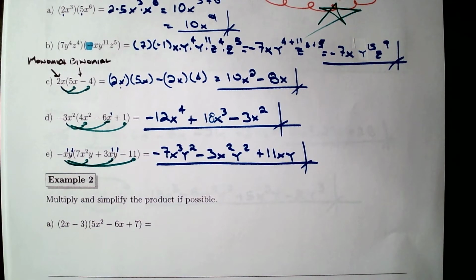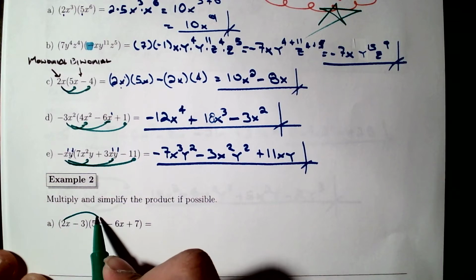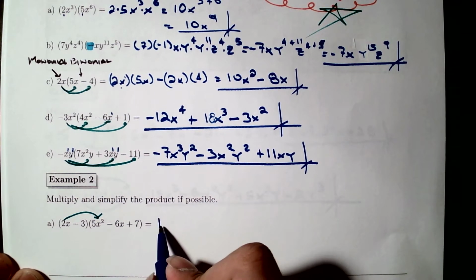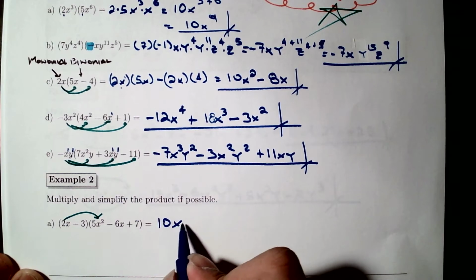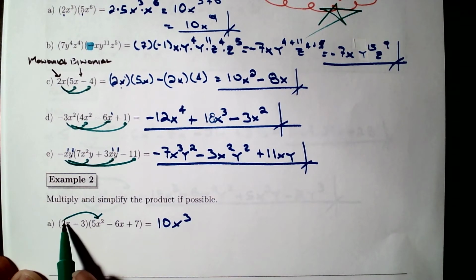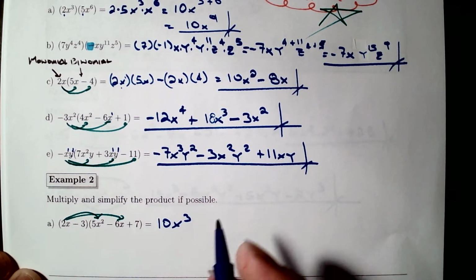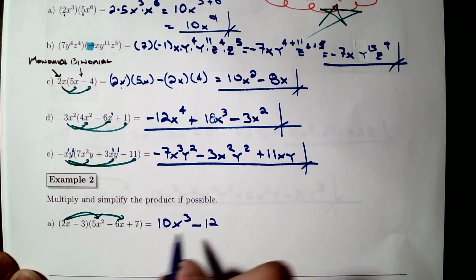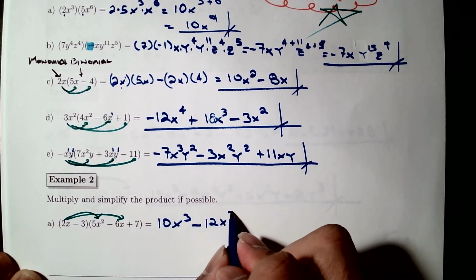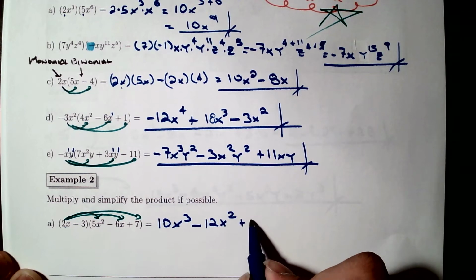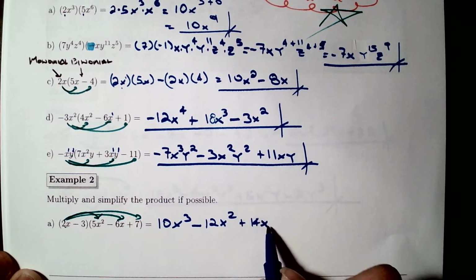So let's do the following. So 2x times 5x squared. Alright, so that's 2 times 5, which equals 10. x times x squared, that's x cubed. 2x times negative 6. That's 2 times 6, negative 12. x times x, that's x squared. 2 times 7, that's 14, and simply x.